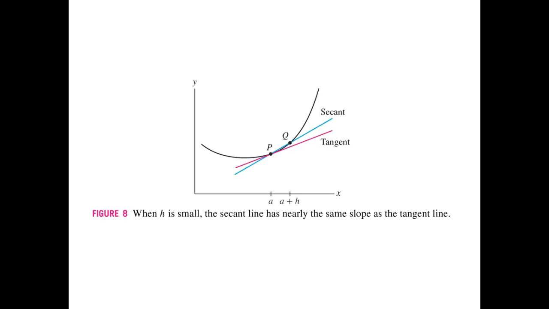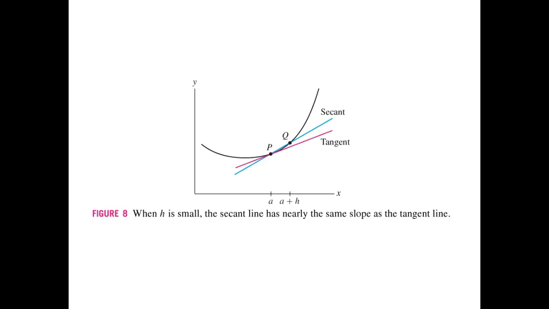And if this h is small, meaning these things are pretty close together, then the slope of the secant line is not quite the same as the tangent line, but the smaller h is, the closer a plus h is to a, and the closer that secant line is to being the slope of the tangent line. So when h is small, the secant line has nearly the same slope as the tangent line, right?